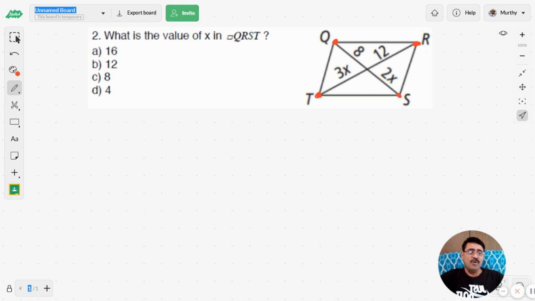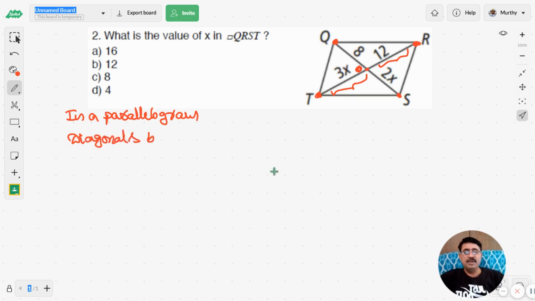Actually, in a parallelogram, the diagonals bisect. Bisection means making into two equal halves. Therefore, this piece is equal to this one, where, let's say, O is at the center. You write the condition: in a parallelogram, diagonals bisect each other.